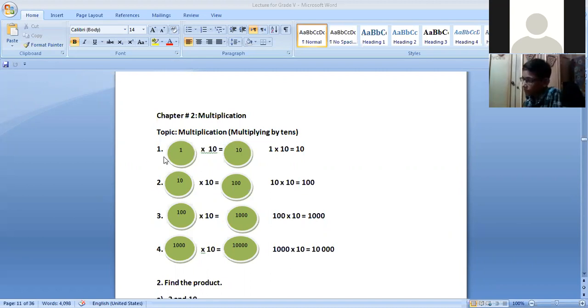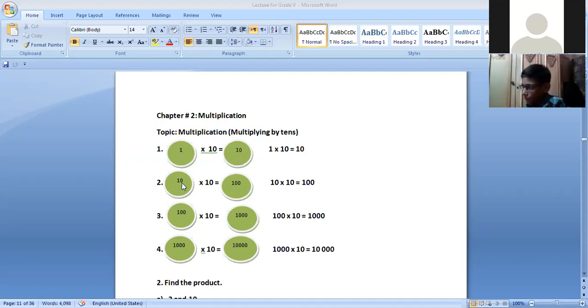Topic 1, we have multiplication, multiplying by tens. Using this method, we will multiply the numbers. Here we have 1 multiplied by 10. When you multiply 1 by 10, the answer will be 1 tens are 10.